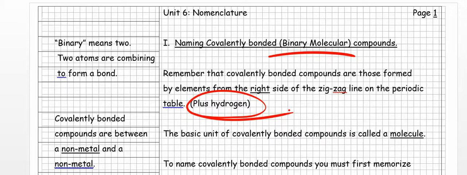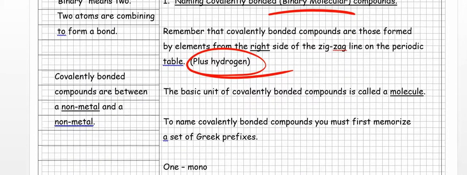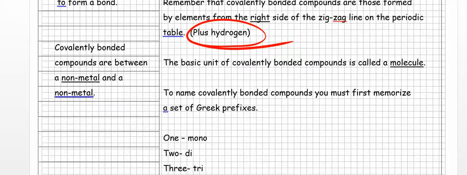The basic unit of covalently bonded compounds is called a molecule. We've mentioned that, thus the name binary molecular, right? So if we have a molecule, that's the basic unit of covalently bonded compounds. Now, that means that covalently bonded compounds involve a nonmetal and a nonmetal. In other words, two things from the right of the zigzag line on the periodic table.